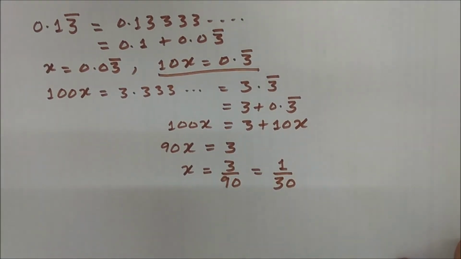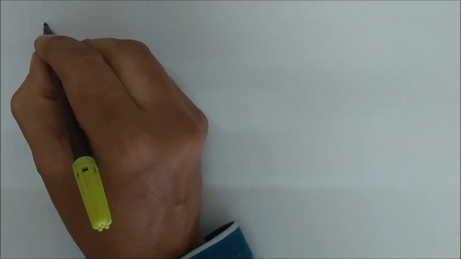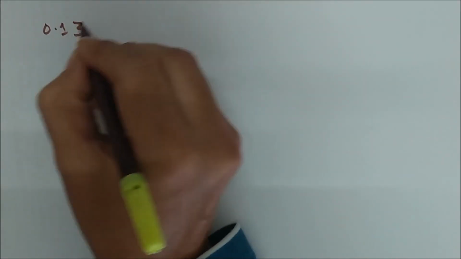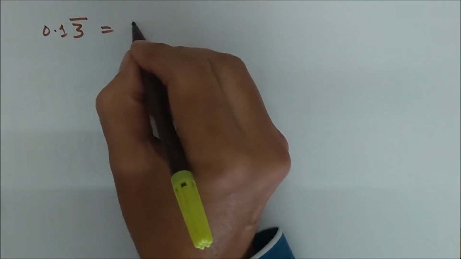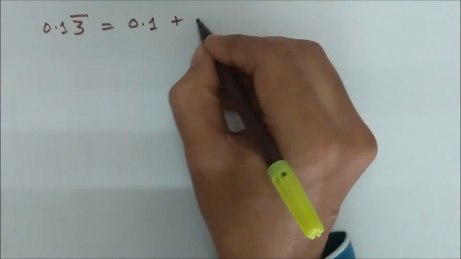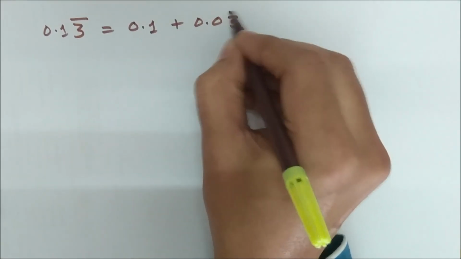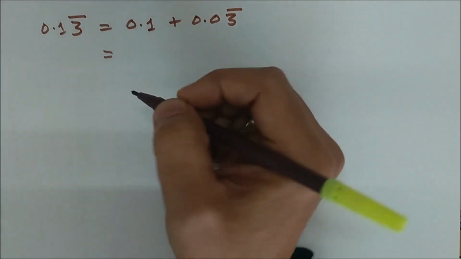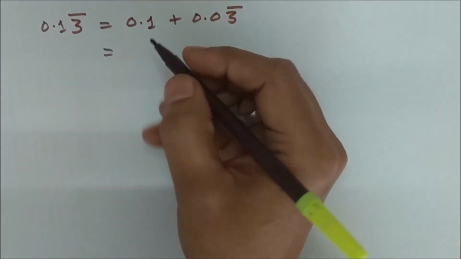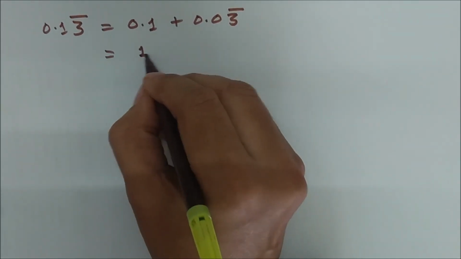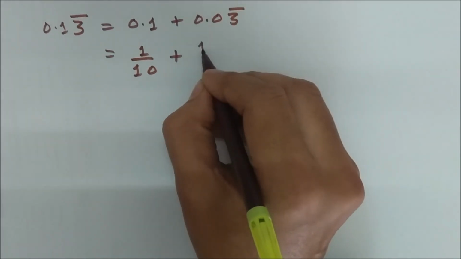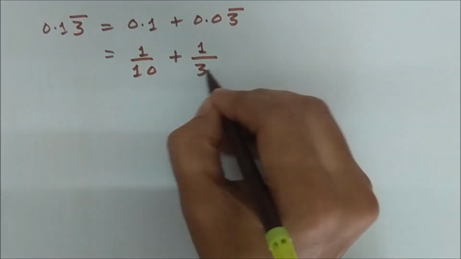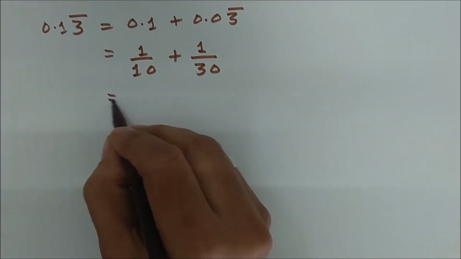So we go further ahead. Our original number was 0.13 bar, and that was 0.1 plus 0.03 bar. 0.1, as told previously, we can change to 1 by 10, and 0.03 bar we have seen is equal to 1 by 30. Now we add both of these fractions.